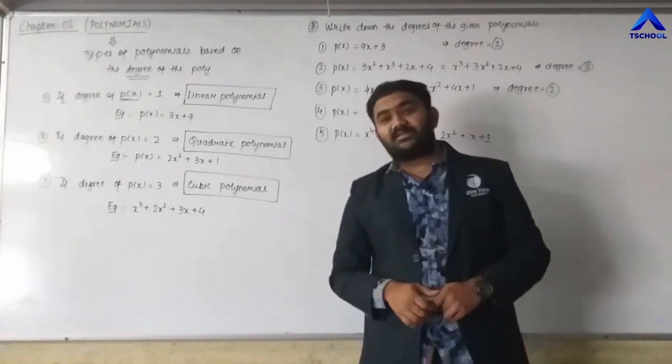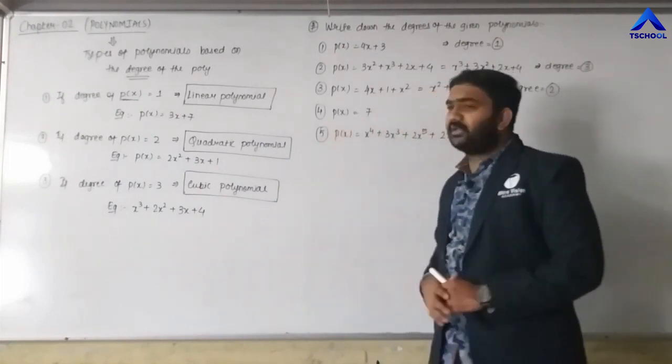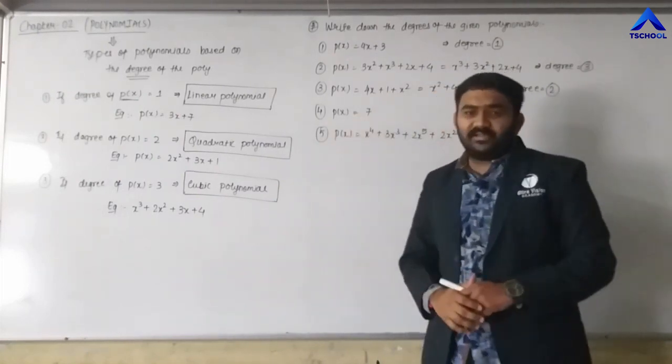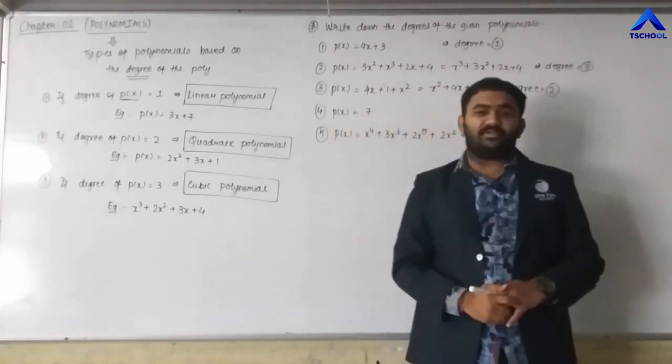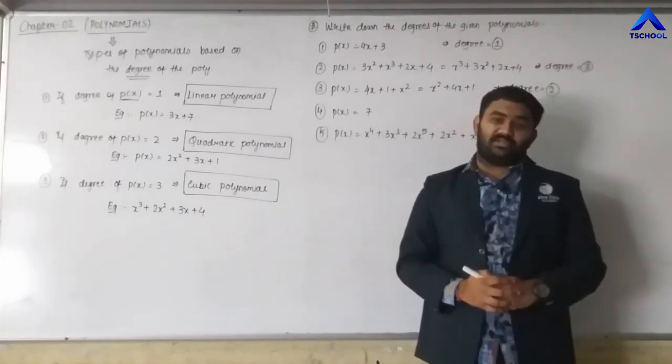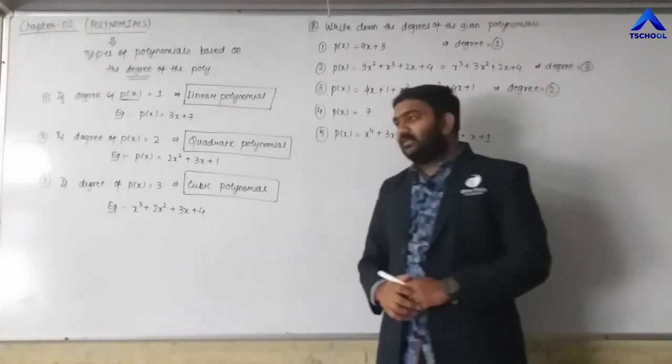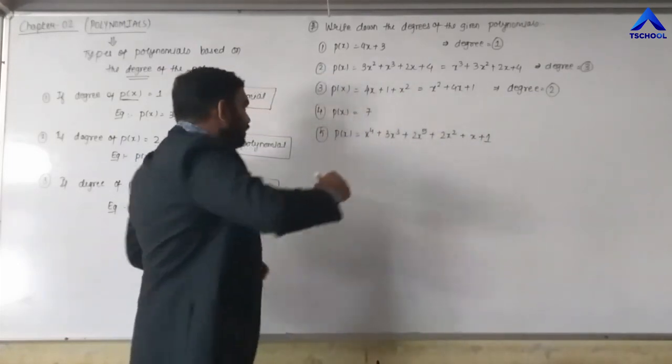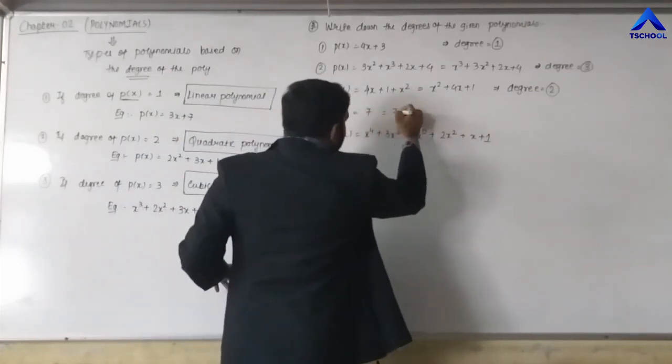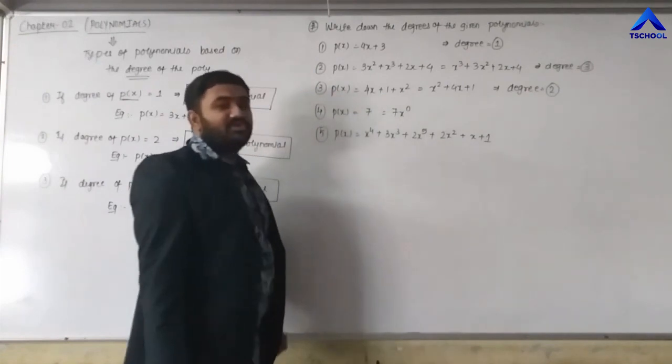Why is it known as a zero polynomial? Constant polynomial, it is understood, having only the constant term. But why is it a zero polynomial? The answer to that is this 7 here can be written as 7x raised to 0.